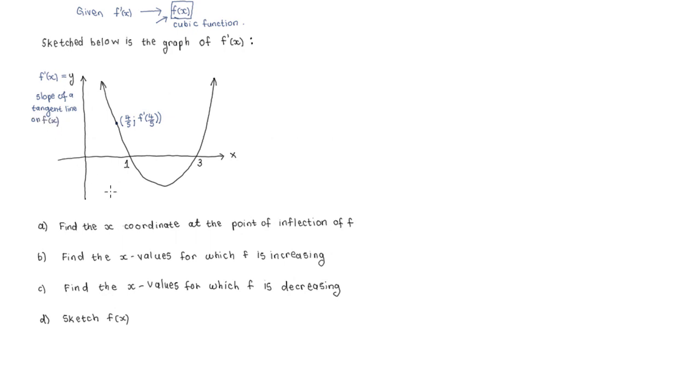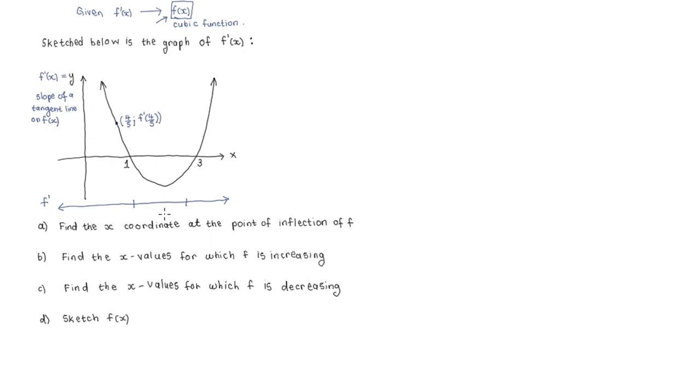We also looked at this idea when we were talking about our derivative number line. Remember, we came across the derivative number line when we were sketching our cubic functions, and also when we were doing our optimization problems. The way that we use the derivative number line is that we put down our critical values, and the critical values were when f prime of x equals 0.